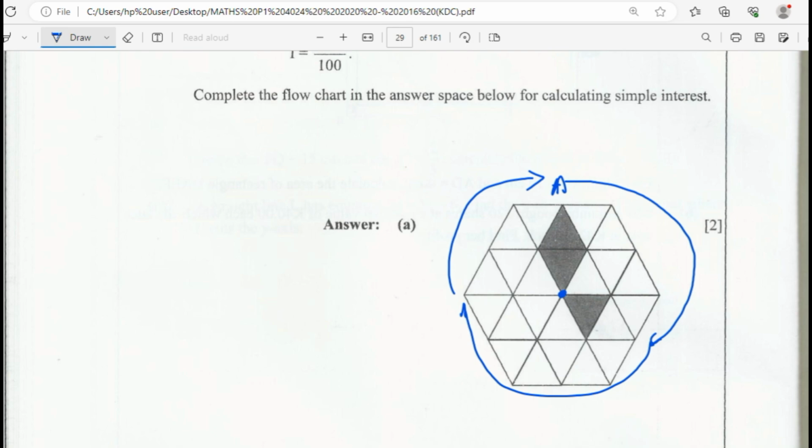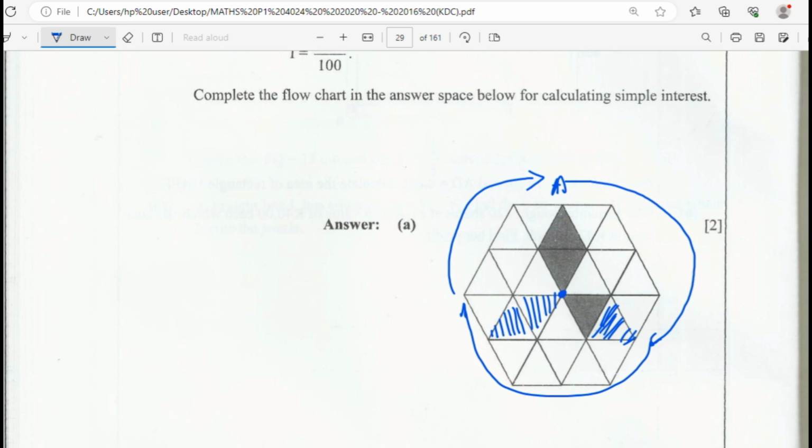So let's think. Let's shade here, first triangle. We also shade this one. Then let's shade also here.